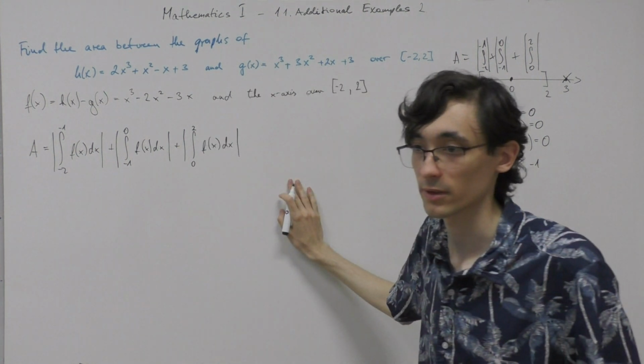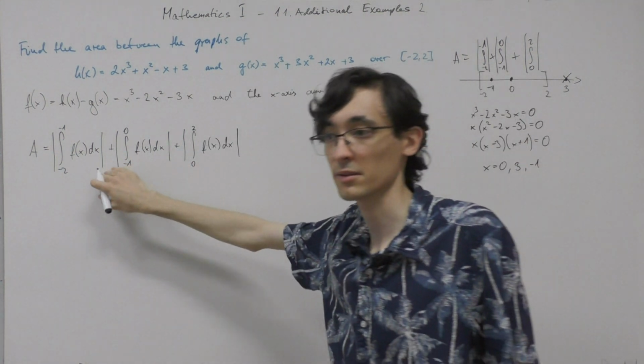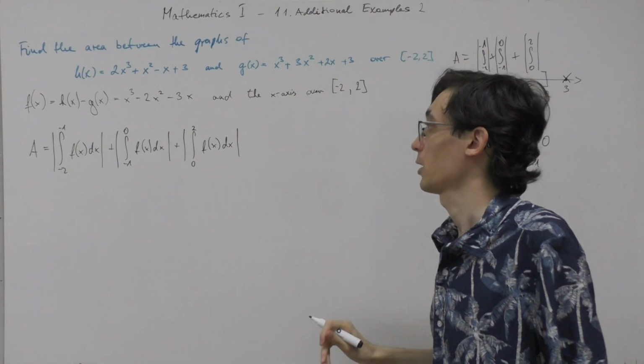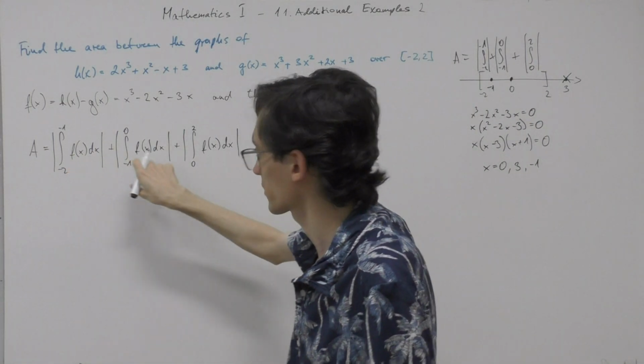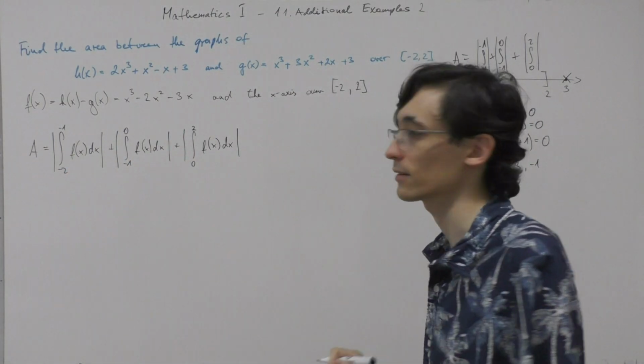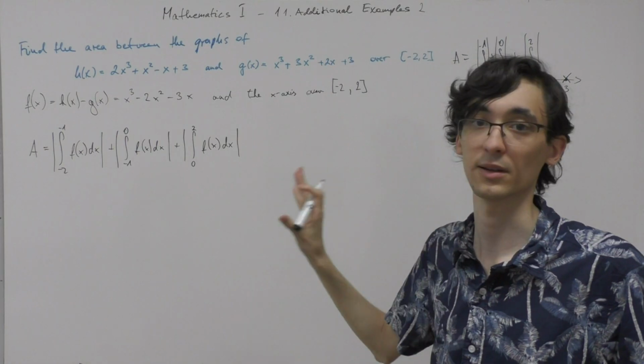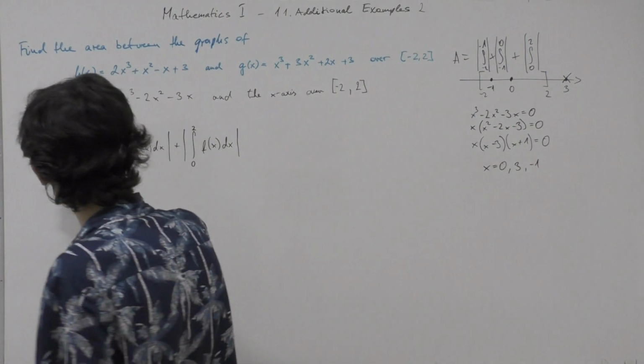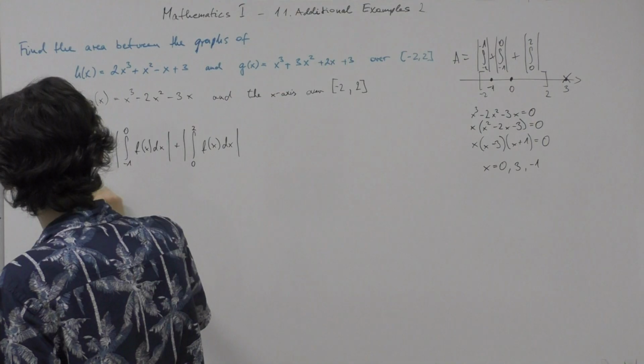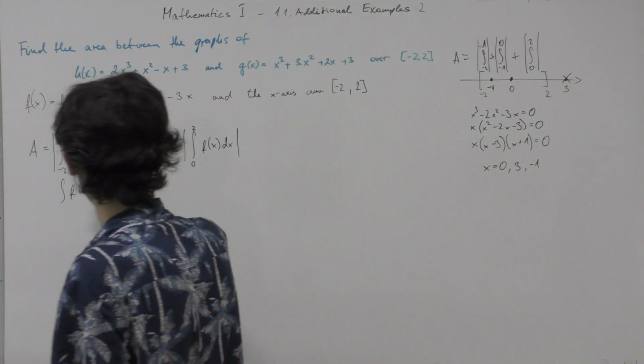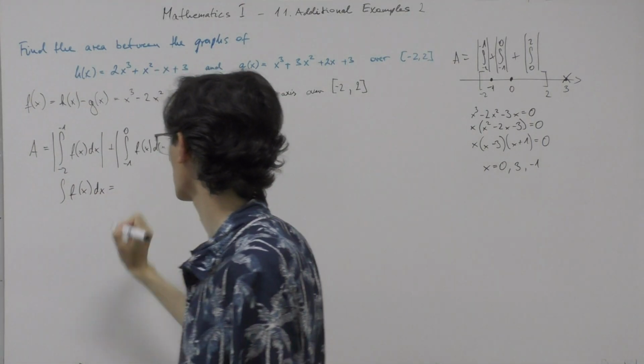And here we have 3 definite integrals inside the absolute values, but they have the same function f inside, so we only need to find a single indefinite integral, integral f of x dx.